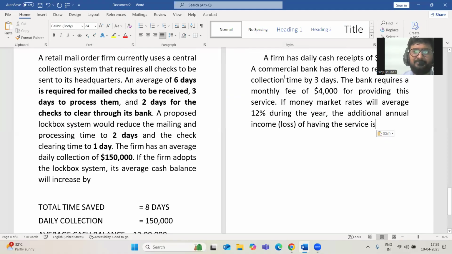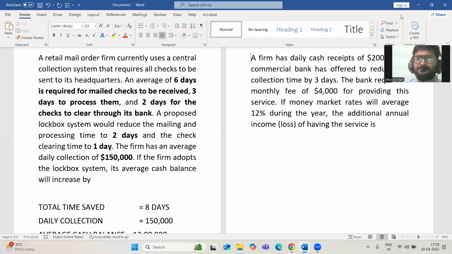So, some basic facts in the question. My daily cash collection is 2 lakh dollars. And a bank has offered to reduce the collection time by 3 days.